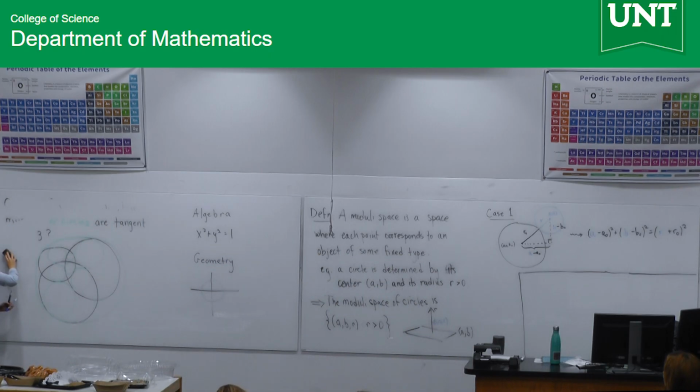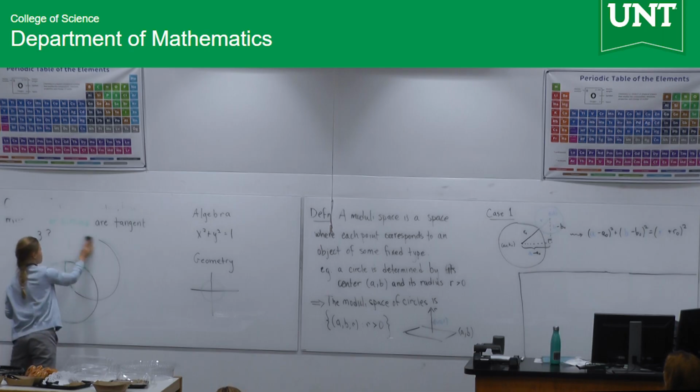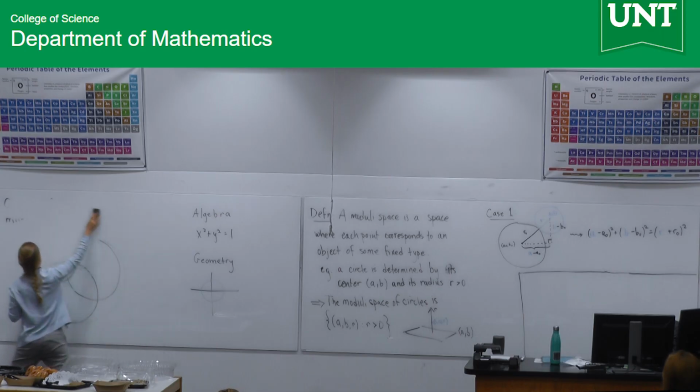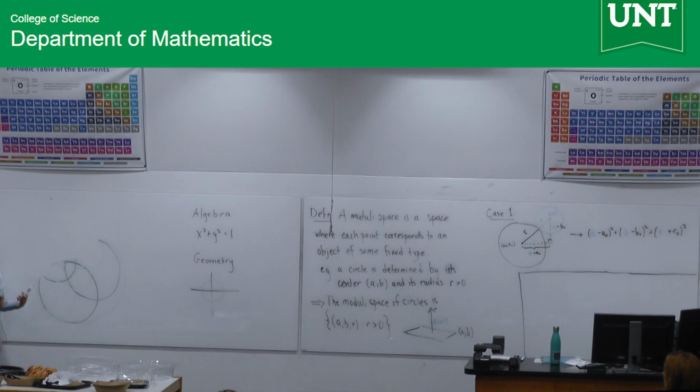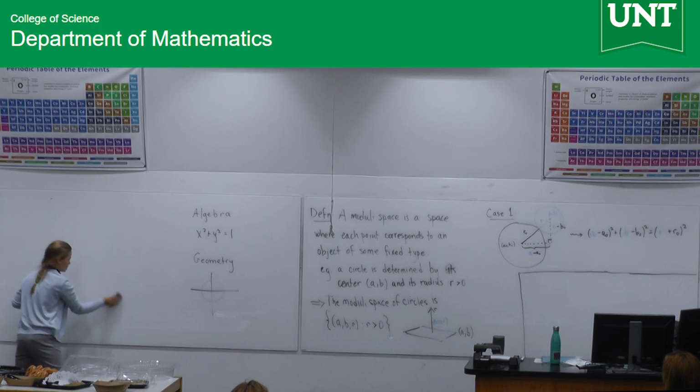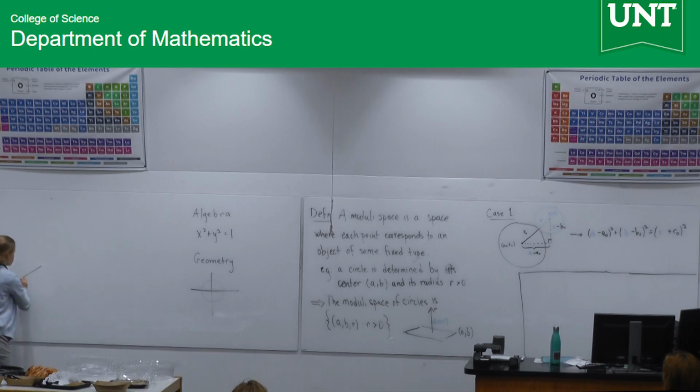So something pretty cool has actually already happened, which is the circles with this property of being tangent to our fixed circle are again described by a polynomial equation, this time on the moduli space. So that equation that we just found, you might recognize as the equation of a cone with center (A naught, B naught, minus R naught).